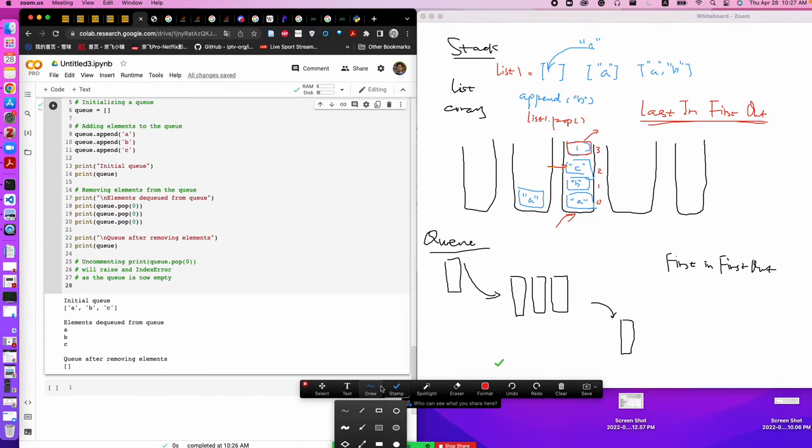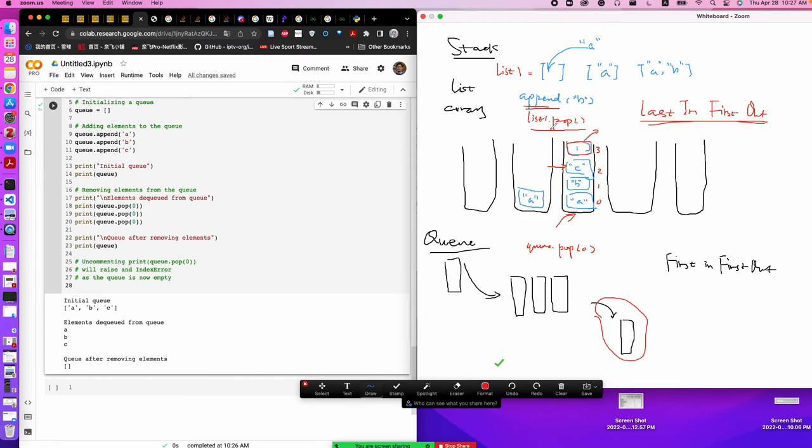The difference is, sorry, I cannot draw any annotations here. The difference is we can use queue.pop(0) to make the first item leave the queue. The other is the same as the stack.